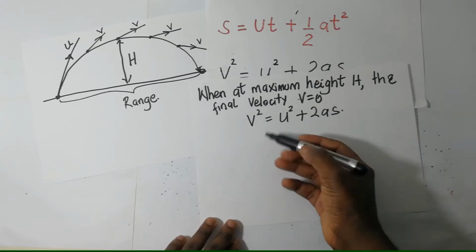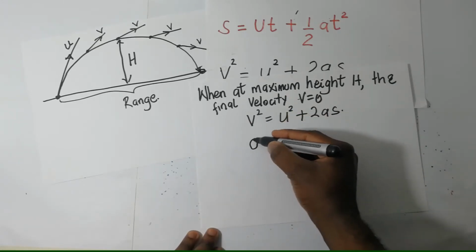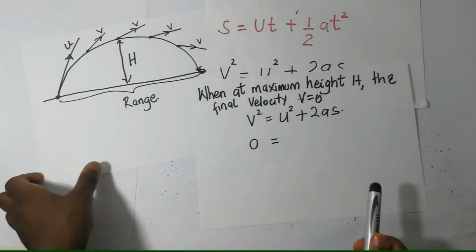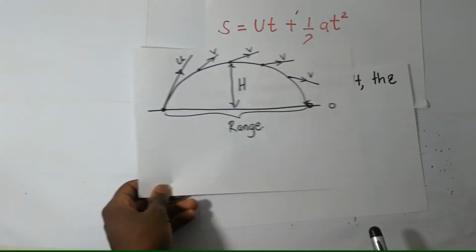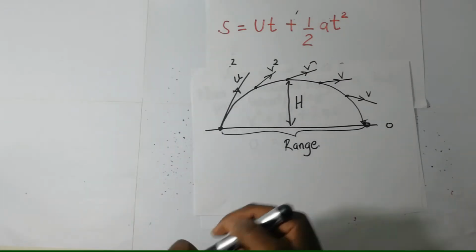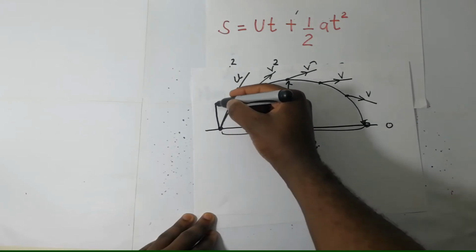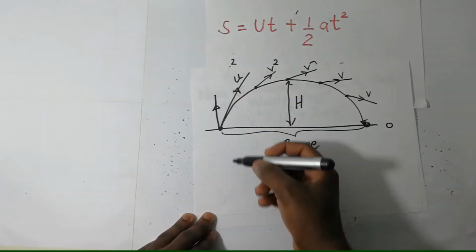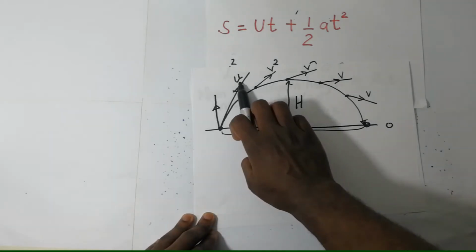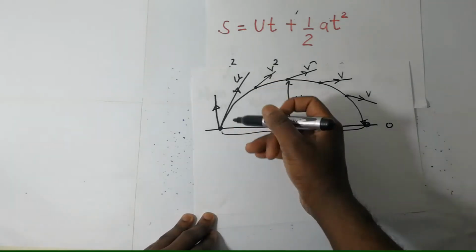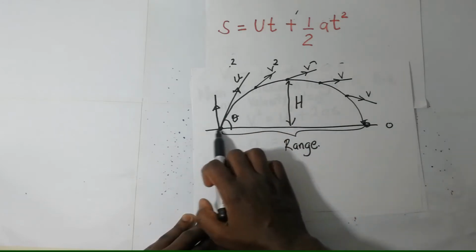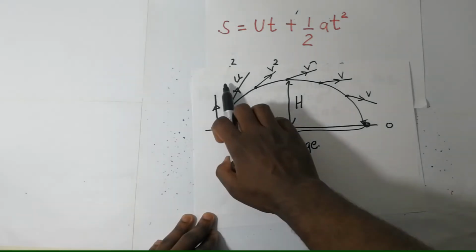So let's proceed. This is going to be 0, equal to the initial velocity. Now take note that when this thing is taking off, it is going off at a certain angle to the horizontal as it's going up.